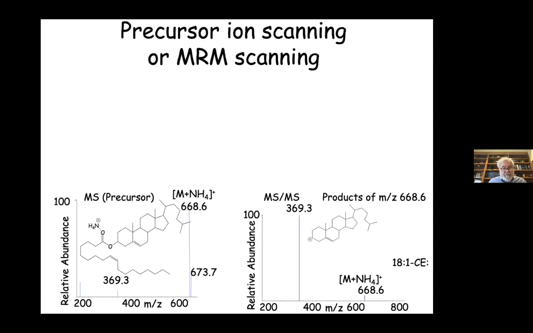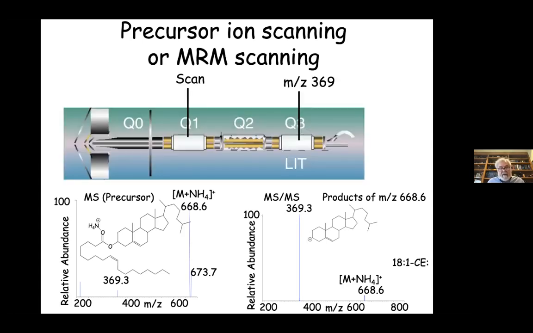So here we have precursor ion scanning, which we do at the very beginning of the elution of the LC column. And here we look at the precursors of this ion 369, the cholesterol ion here at 369. And you can see here's the one way the cholesterol ester 668.